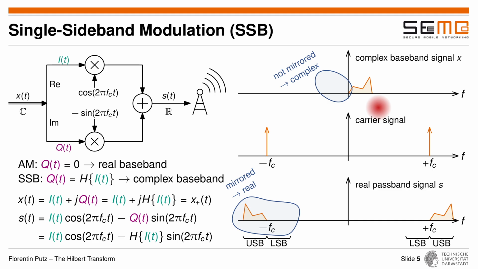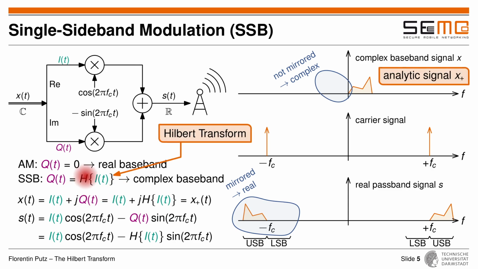And you might wonder, okay, how can I construct such a quadrature component, such an imaginary part of our complex baseband signal, that we actually remove the negative frequencies? The answer to this is that we use the Hilbert transform. So this H here is the Hilbert transform, and the Hilbert transform of the in-phase component will be our quadrature component. And if we then sum it as a complex baseband, what we actually get is called an analytic signal.